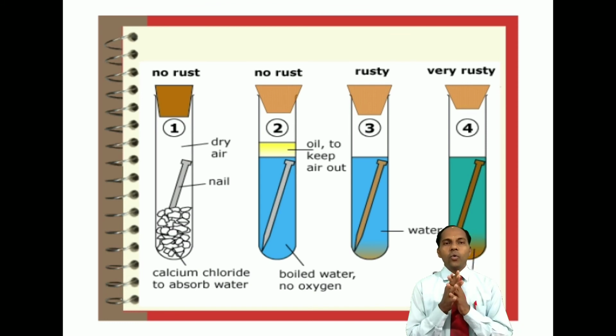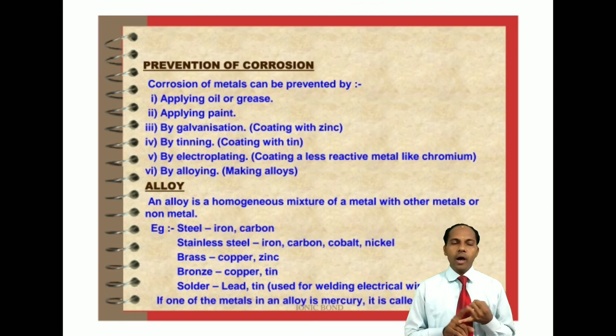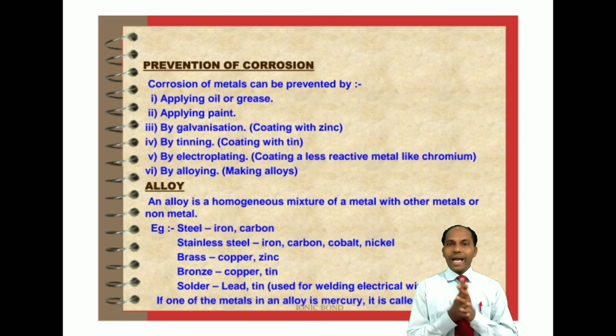Now, how to prevent corrosion? The corrosion of metals can be prevented by applying oil or grease, applying paint, galvanizing, tinning, electroplating, or alloying. So what is galvanization? It is the coating of zinc.